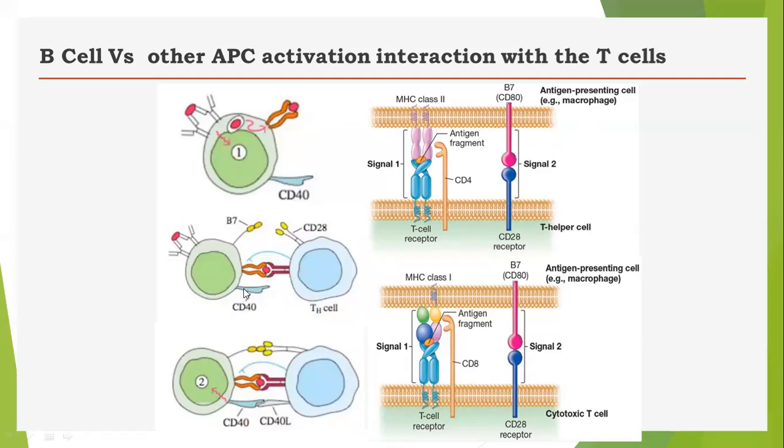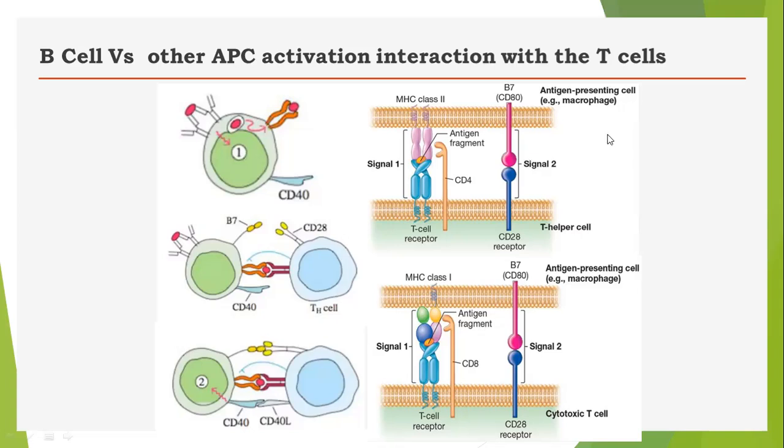While for a B cell, one important molecule that we don't mention when we talk of these other APCs is the CD40 ligand, which literally brings in a second activation signal as compared to the B7 and the CD28 on other APCs.